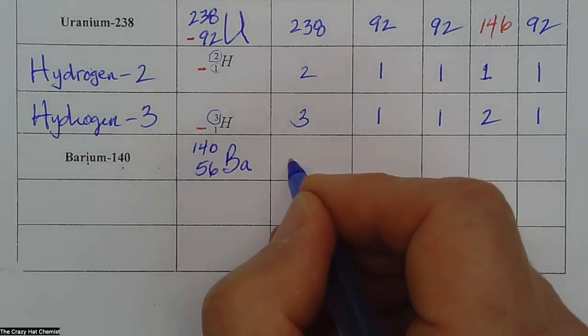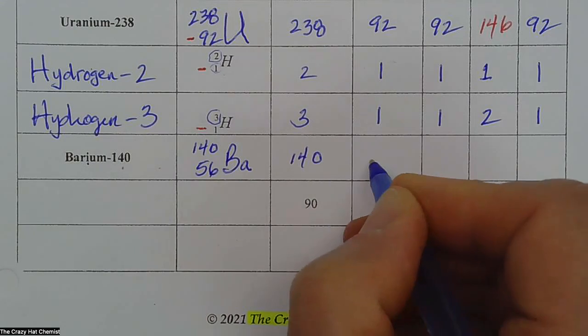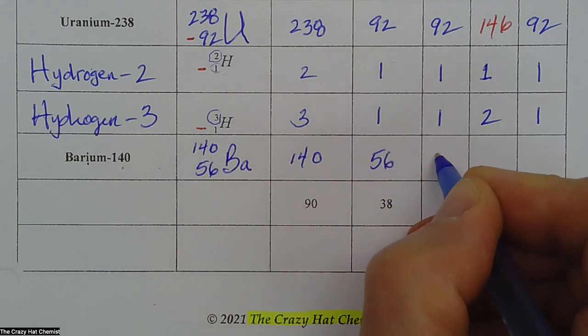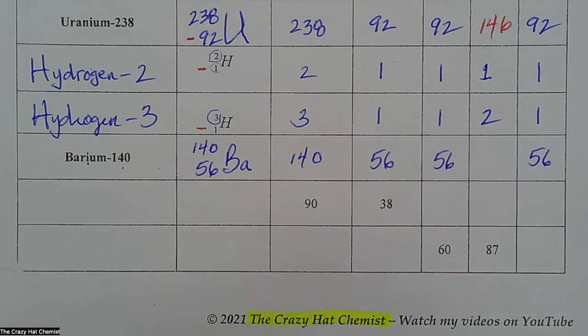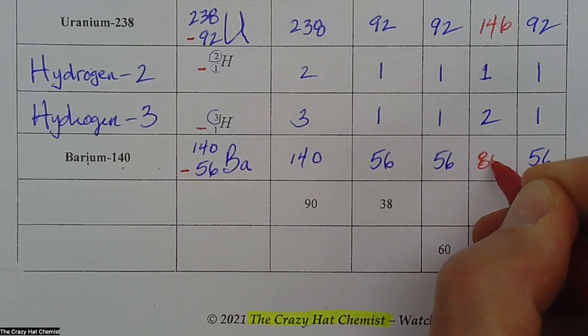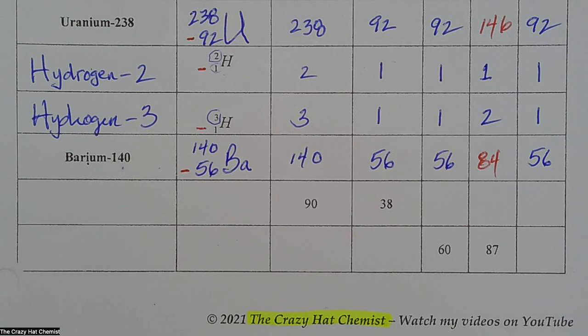So that means that the mass is 140, the atomic number is 56, the number of protons, 56, the number of electrons, 56. I'm going to take the difference between the 140, which is the atomic mass, and the 56, the atomic number, and I'm going to get 84, and that is the number of neutrons in this isotope of barium.